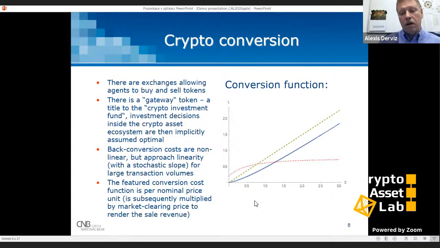In the model, it is captured in the following way. You can buy one by one at the current market price. But if you want to convert your crypto token back to conventional consumption units, there is a risky procedure that can cost you some funds. So if you convert huge sums, it is approximately linear.